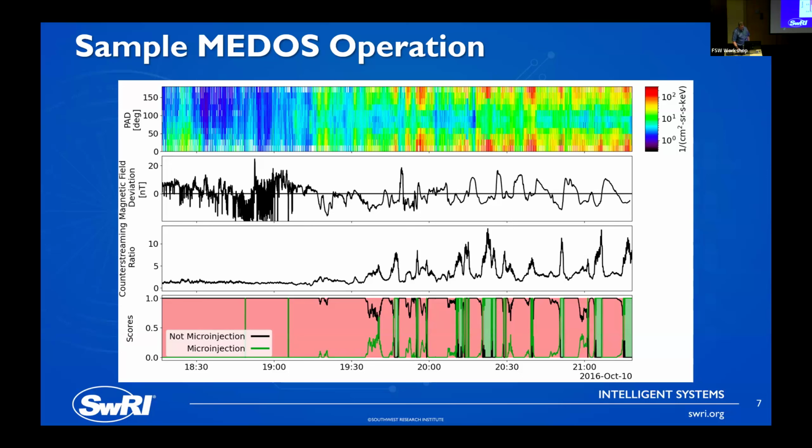The third plot shows a derived counter-streaming ratio that shows the strength of the parallel and the anti-parallel flux. And the final plot or strip along the bottom shows the relative scores that show the confidence that these are micro-injection events. By micro-injection events, we mean bursts of electrons. So that's what MEDOS is looking for in this case.